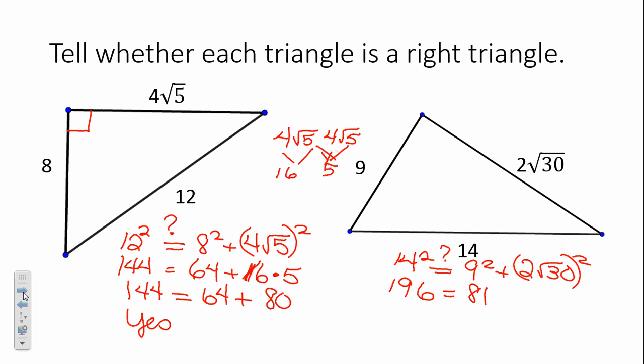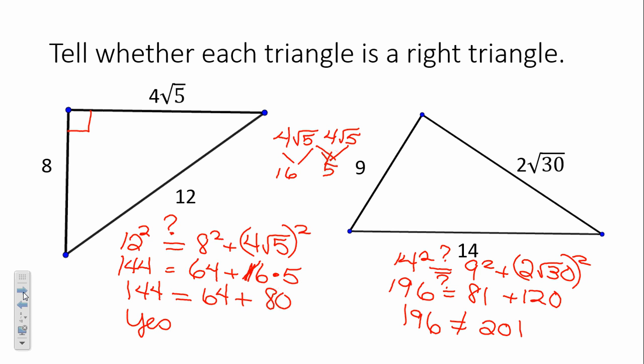And when we square 2 square roots of 30, what are we going to get? 4 times 30. We square the first, and we remove the radical from the second. 120. So does 196 equal, nope, it's not equal to 201, is it? Okay, so we can say no, it's not a right triangle, even though it may look like it. We still need to verify.